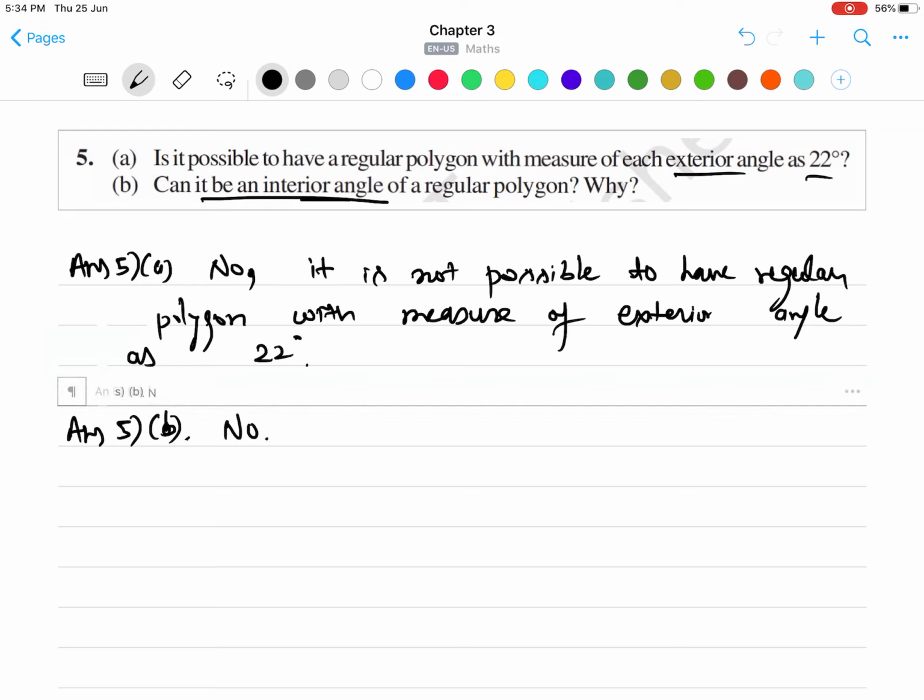So again the answer will be no, and the reason is it is not possible to have a regular polygon with measure of interior angle as 22 degree.